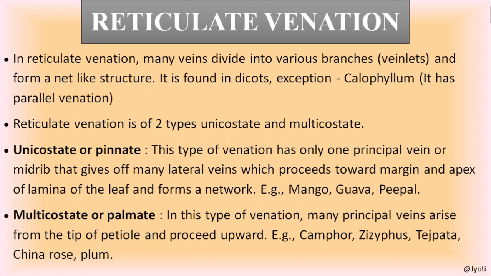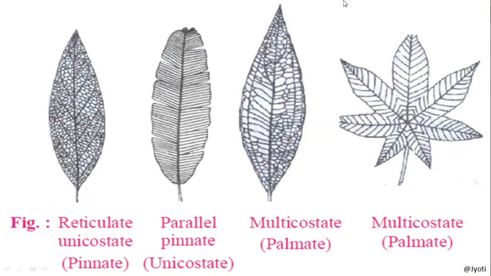So in unicostate pinnate, only one principal vein or the midrib is present from which many lateral veins are developed and they proceed towards the margin and apex. Okay, so here you can see this is reticulate unicostate or pinnate venation. Here you can see only one midrib is present from where the veins are developed and they are moving towards the margin of the leaves and apex of the leaf.